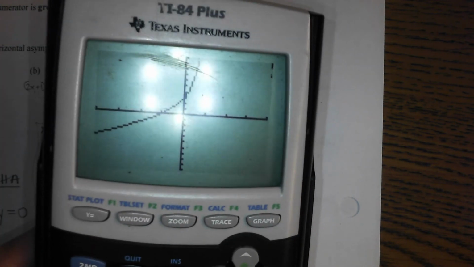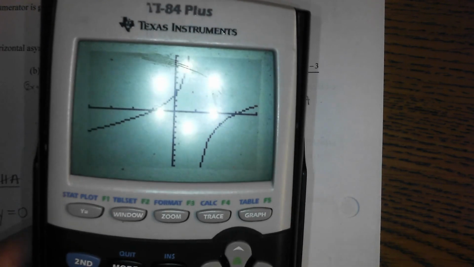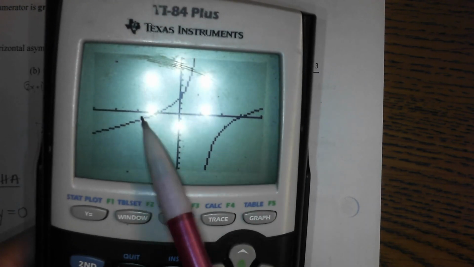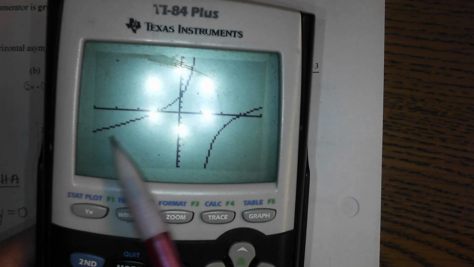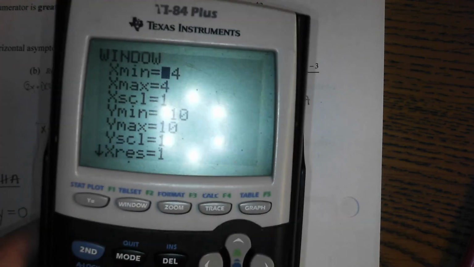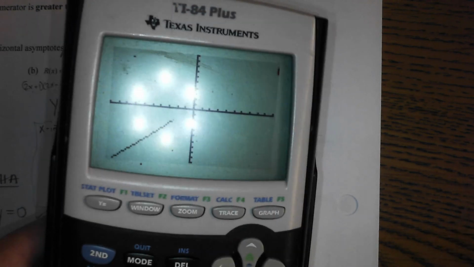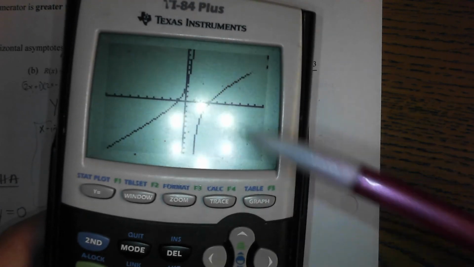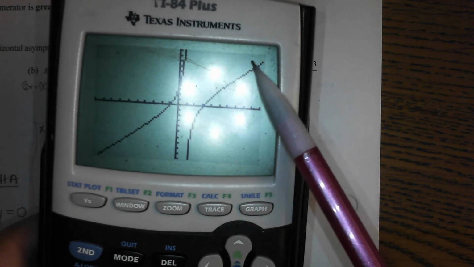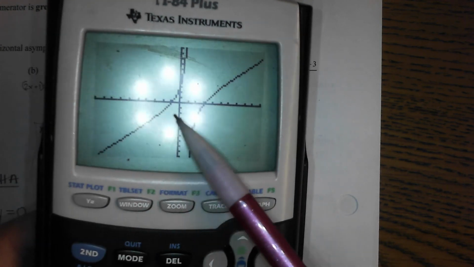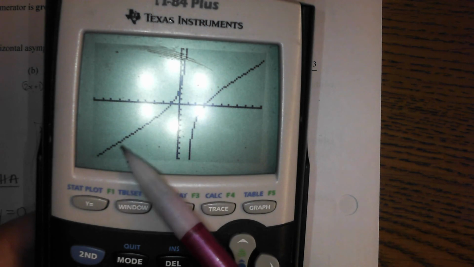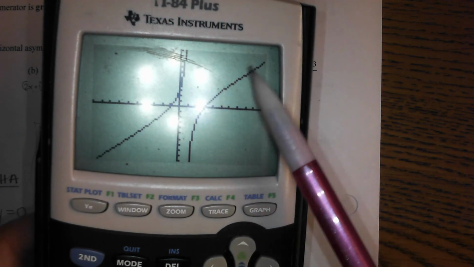Instead, it has end behavior getting closer to some diagonal line. If I open this up even a tiny bit, I should be able to see whatever the diagonal line is that's going to thread the needle right through there.